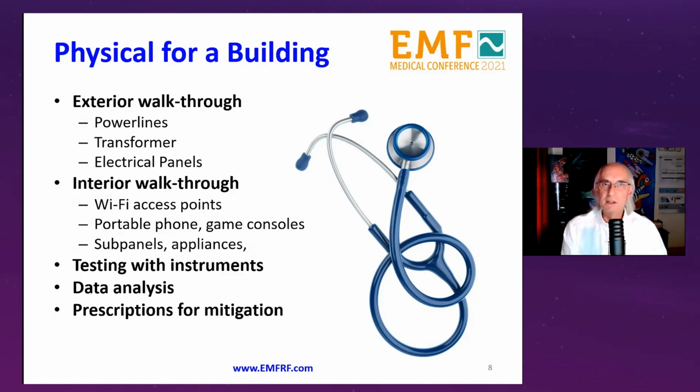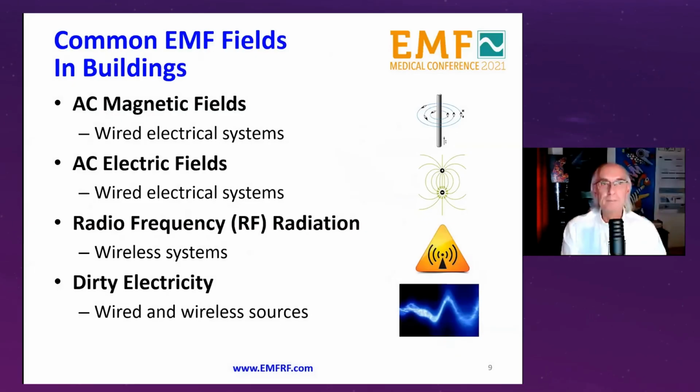Maybe you can see the cordless phone and other things you may not detect very easily with the naked eye, and you may need to have some testing tools, some meters, and we'll talk about what meters would be appropriate. We definitely want to identify where the circuit breaker panels are, because that's where the electricity is coming into the building. We want to measure, we want to analyze the data we have, and based on what we find in the building, we develop a treatment plan or a mitigation plan for that particular building, right?